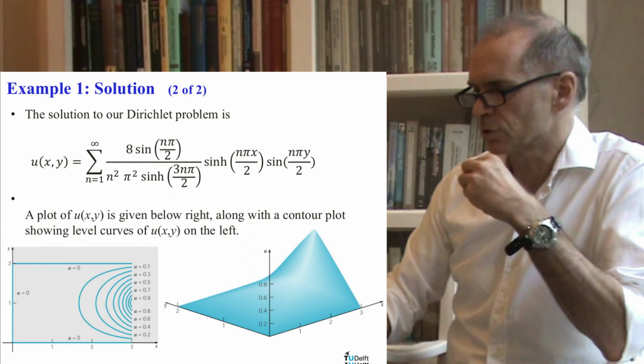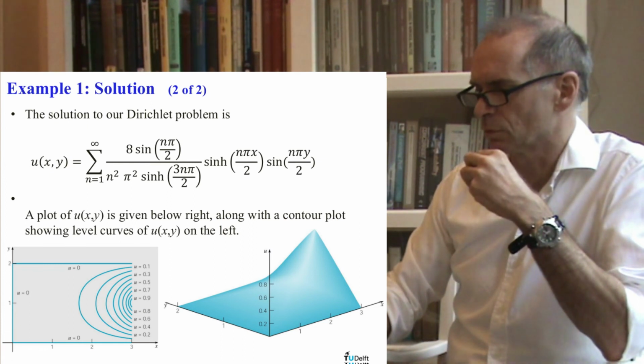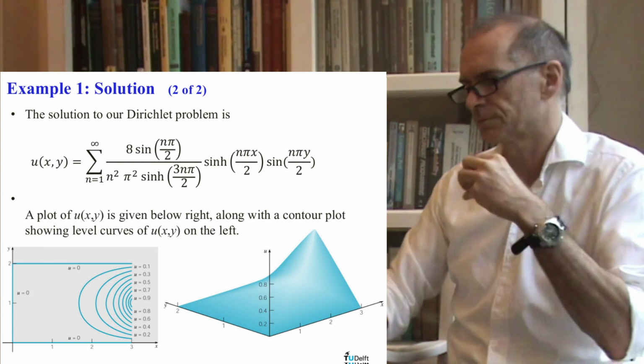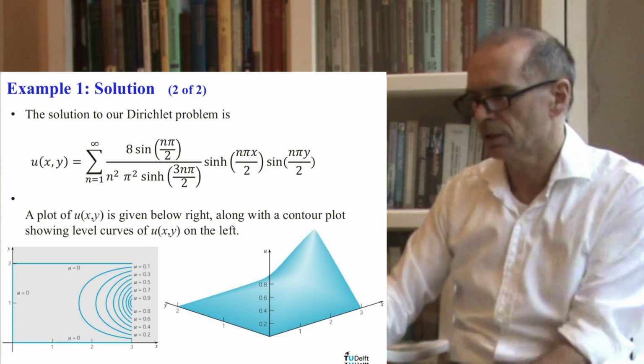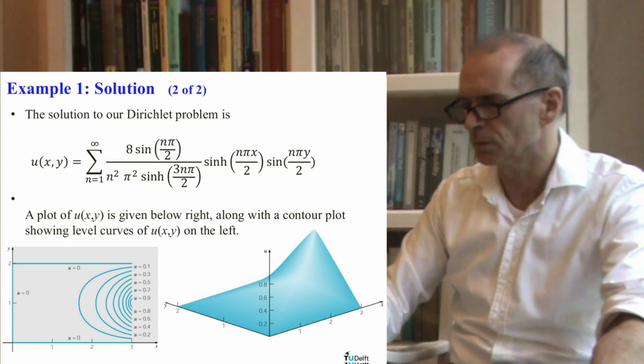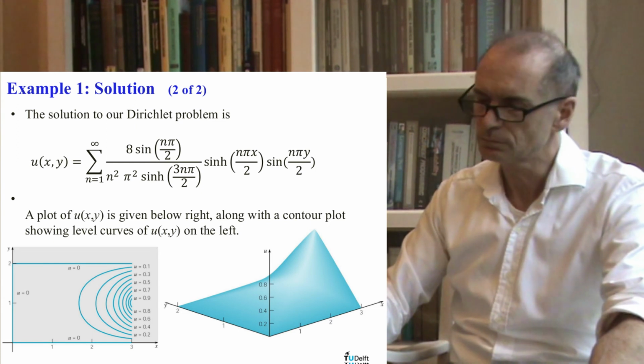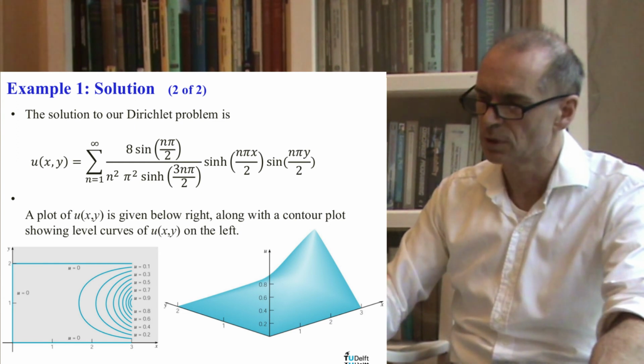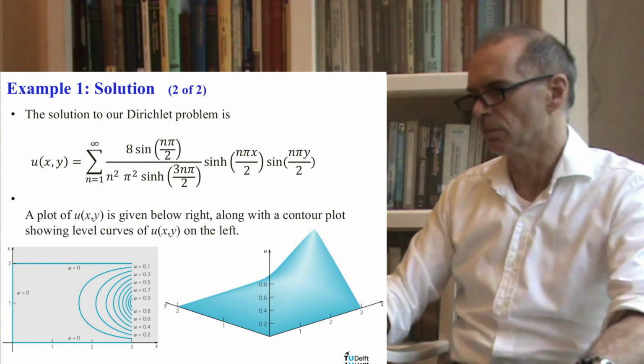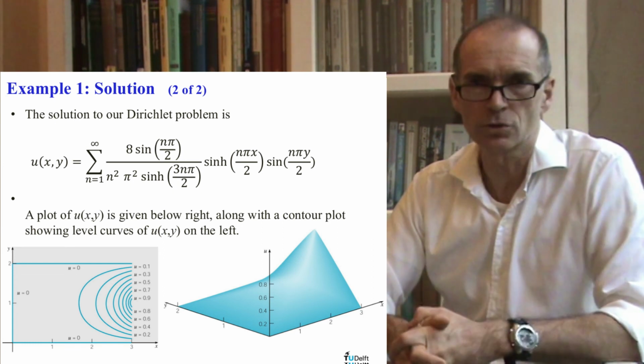So here it is, it starts from 0, increasing to 1 and then decreases to 0 again, and alongside all the other walls we keep it 0. And then a temperature distribution, say inside the domain, would look like this, so real smooth.